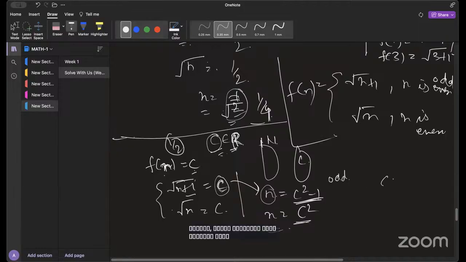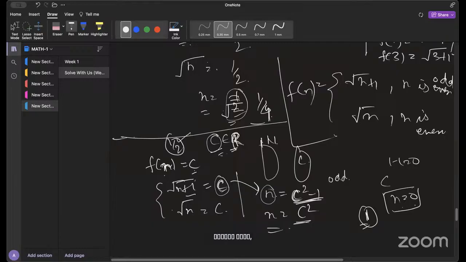Now if you take c equal to 1, there could be a problem because 1 minus 1 is going to be 0, and 0 is a natural number. That would mean f(0) is equal to 1. So you can't randomly choose c here; you have to carefully choose c. You can't choose 1 here. That's why we've done this.